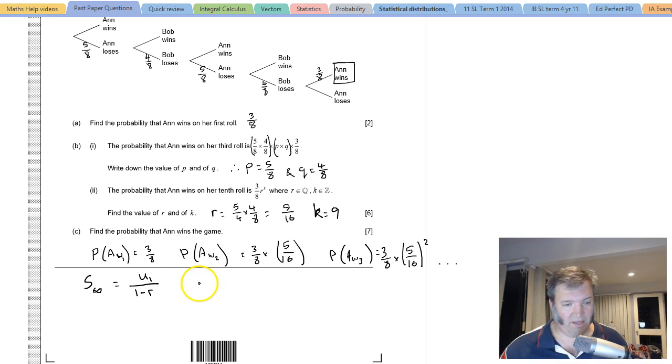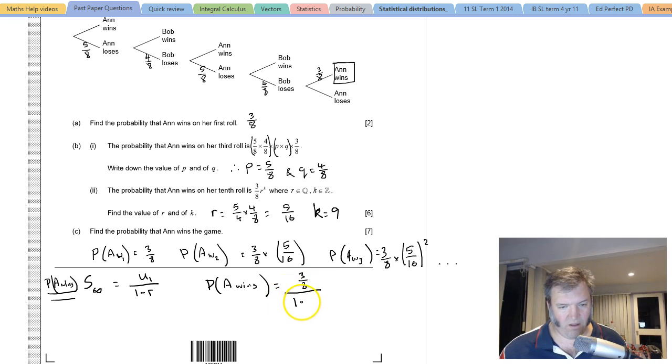Therefore, the probability that A wins equals u1, which is my initial value, 3/8, divided by 1 minus the ratio, 5/16.